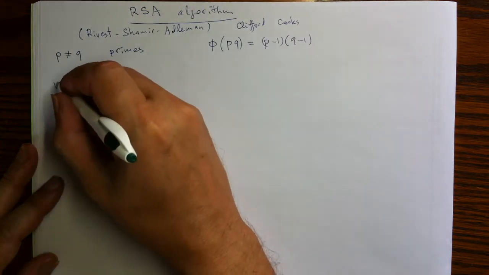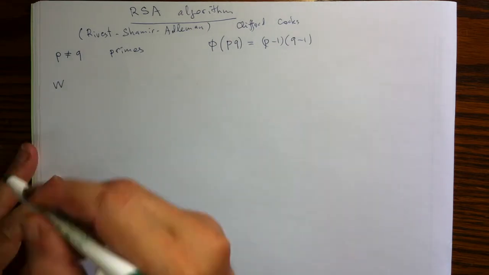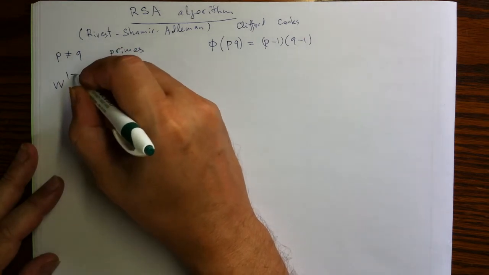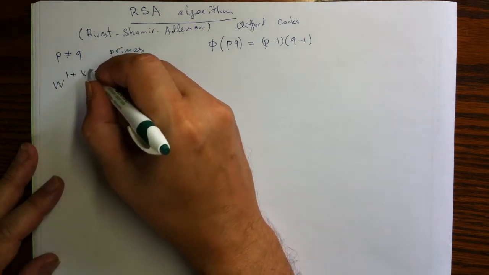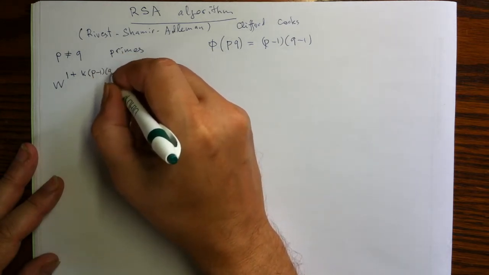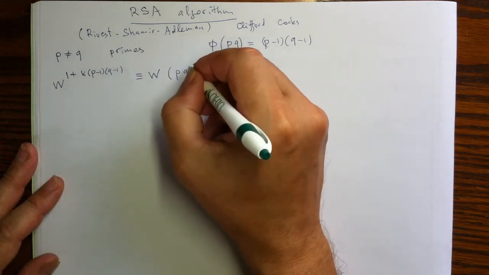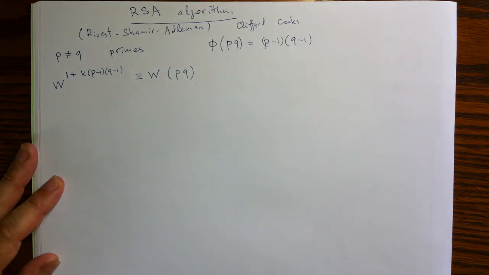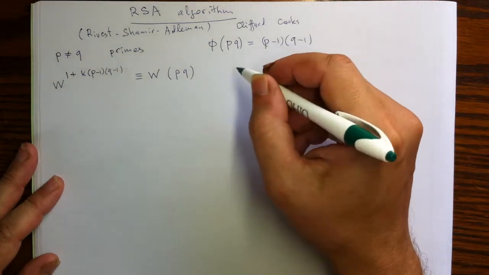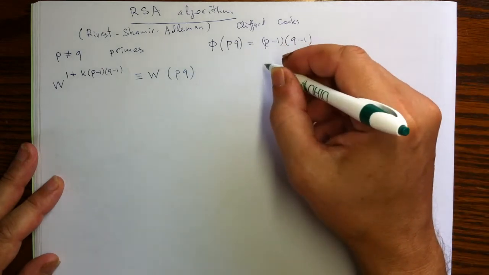The key fact at the base of the whole algorithm is the following generalization of Euler's theorem, which says that any integer raised to this power, a shift of 1 by some multiple of the Euler function, will be congruent to the number modulo P times Q. That is similar to the second formulation of Fermat's theorem, and the proof is by reducing it to modulus P and modulus Q using the Chinese remainder theorem.